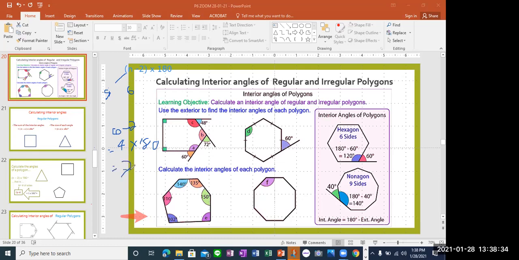Teacher Debbie is answering her own questions. That's nice. 720 is the total sum of the angles in this hexagon. If you divide 720 by 6, you will end up with 120 each angle.